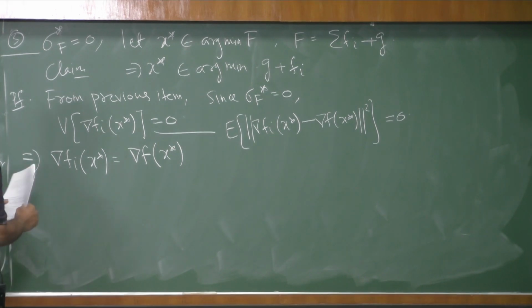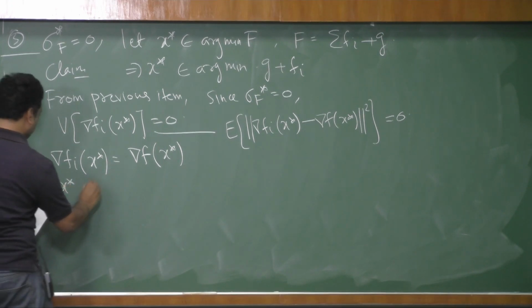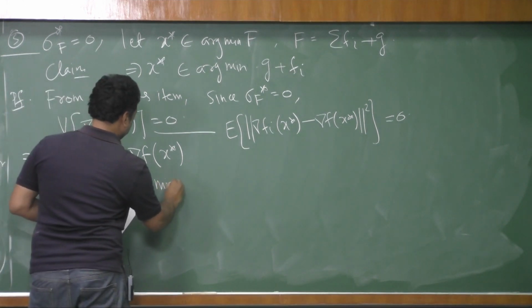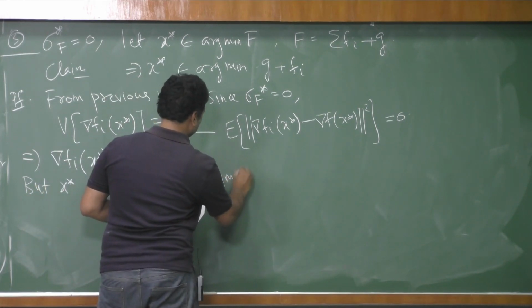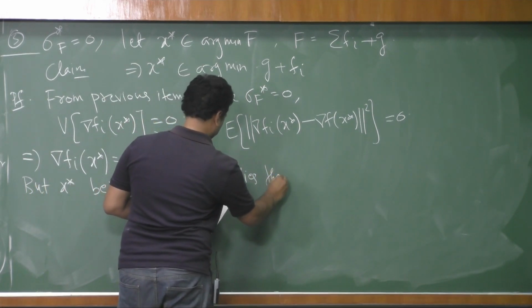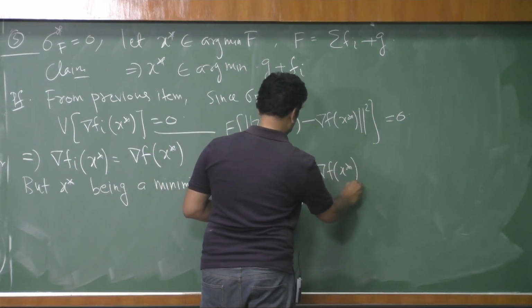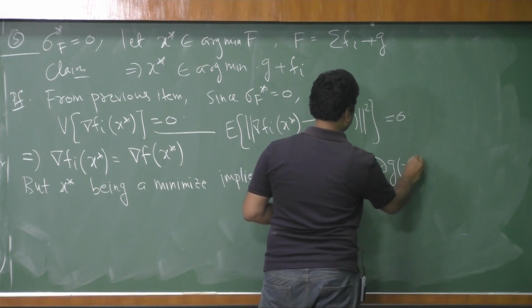And x star is the minimizer. X star being a minimizer implies that minus grad f star is in the subdifferential of g at x star, okay.